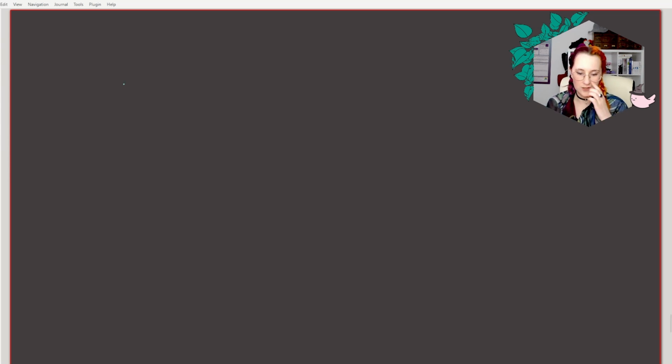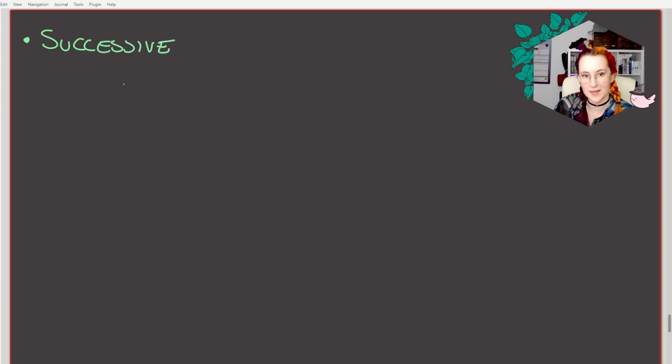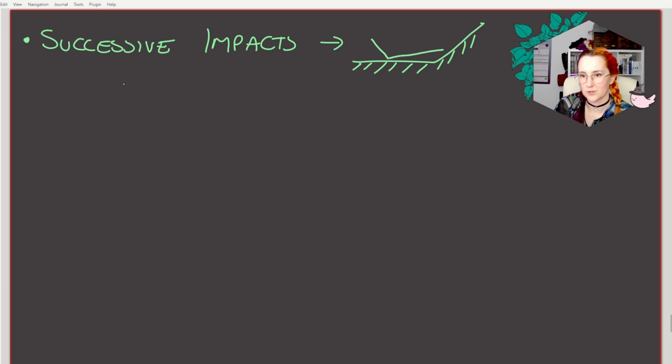So, final comment: successive impacts. Say you have walls at an angle to each other, which, spoiler alert, we will have at some point, and you bounce in, bounce across, and bounce out, and you can keep going forever.